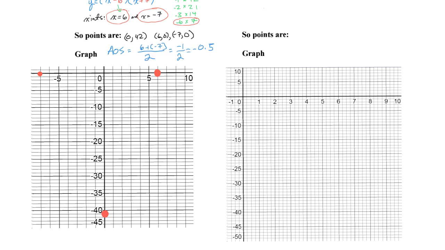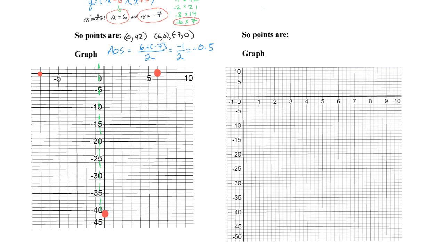So for this calculation, we found that the axis of symmetry is the vertical line, the mirror line, which is 6 plus negative 7 divided by 2. So it's exactly halfway between those two points of 6 and negative 7. And you find that it's at approximately right here.